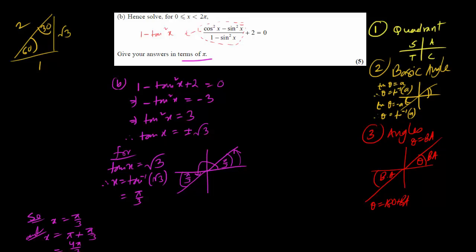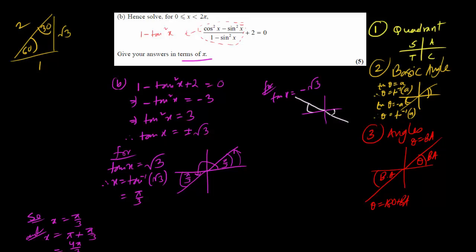So we did the first part, we got two angles, and then we have to do the negative portion, tan x equals minus square root of 3. If tan x is negative, it is going to be in the quadrants where tan is negative, so the second quadrant and the fourth quadrant. So this is going to be one of the quadrants and this is going to be one of the quadrants.